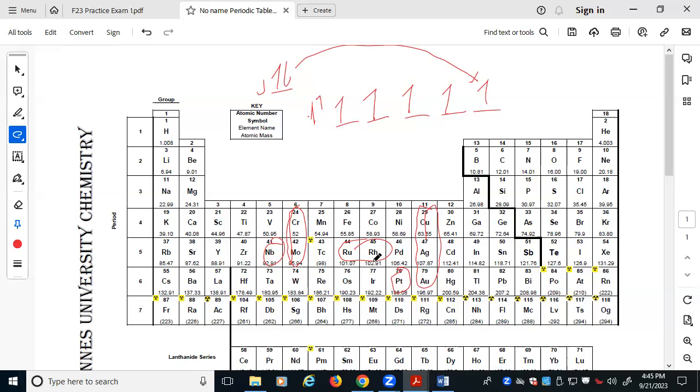Hund's rule says that if I come up to a sublevel, all of the orbitals in that sublevel are all of equal energy. So the electrons are going to spread out. Well, when it comes to the D4 and the D9 configuration, that's more or less what's happening.